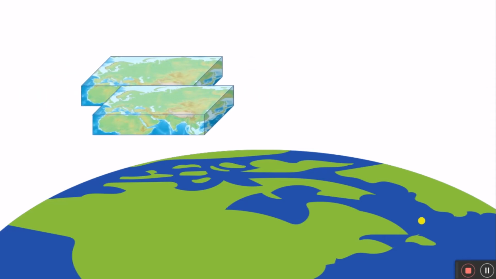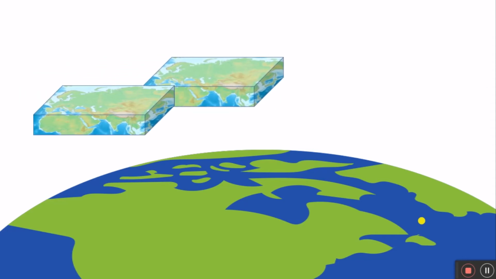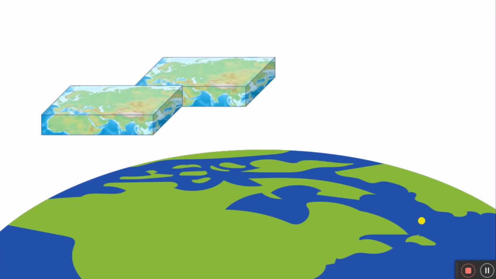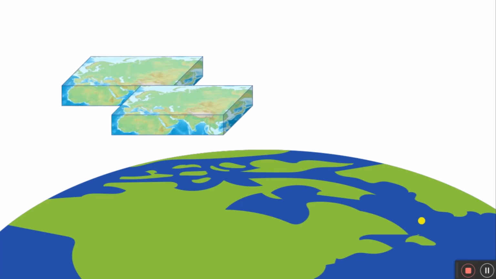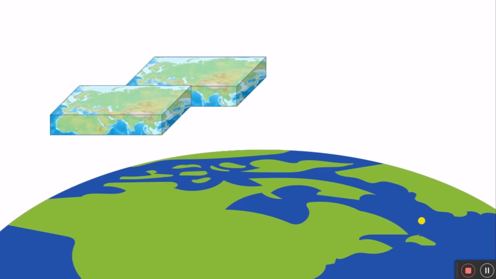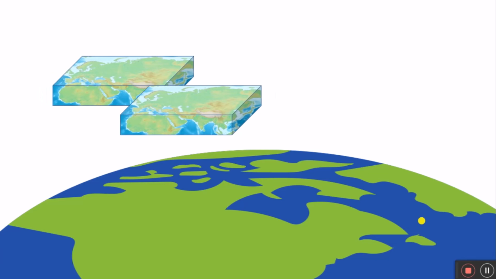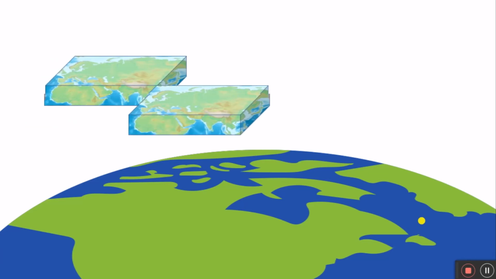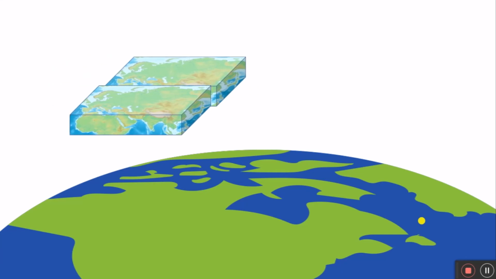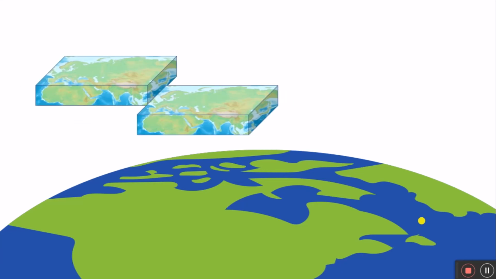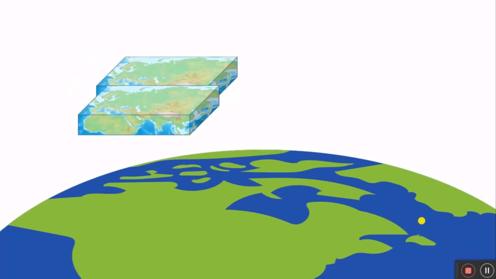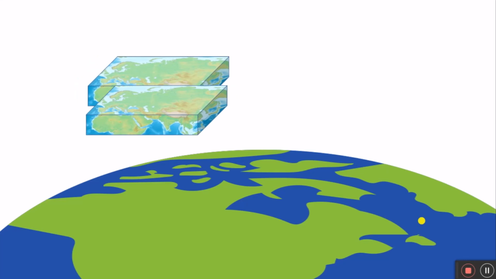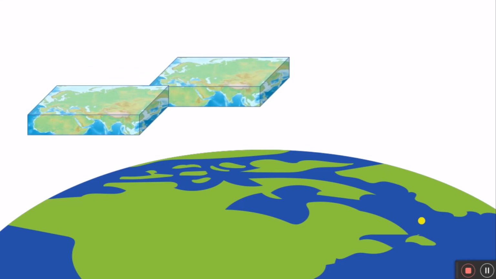Transform boundaries occur where two lithospheric plates slide and grind past each other along transform faults, where plates are neither created nor destroyed. The relative motion of the two plates is either sinistral, that is, left side towards the observer, or dextral, that is, right side towards the observer.